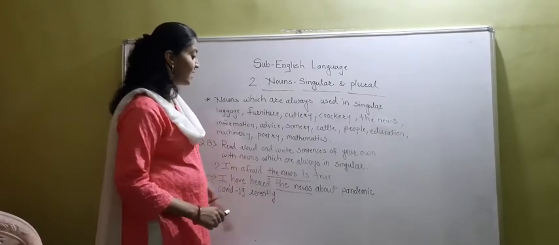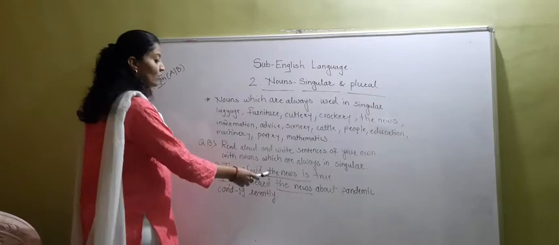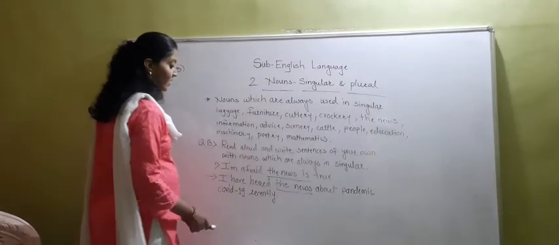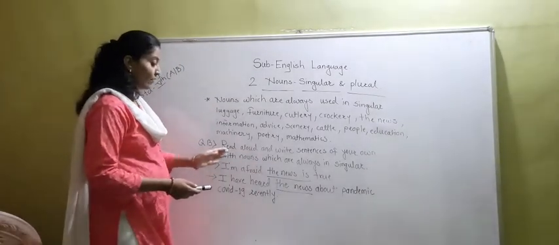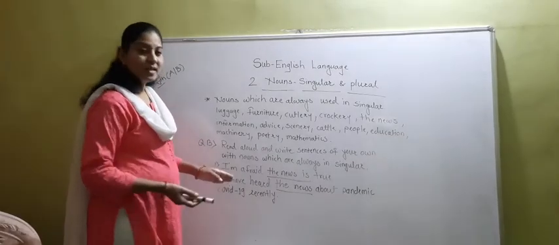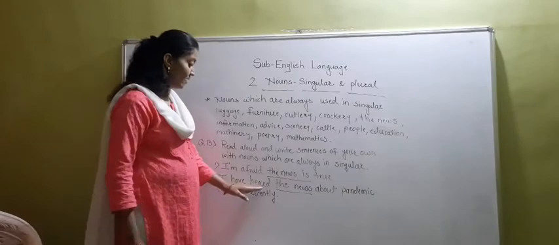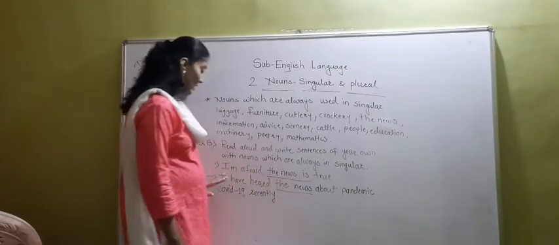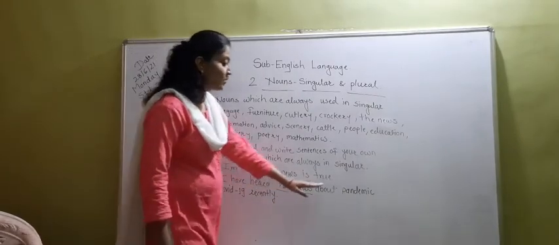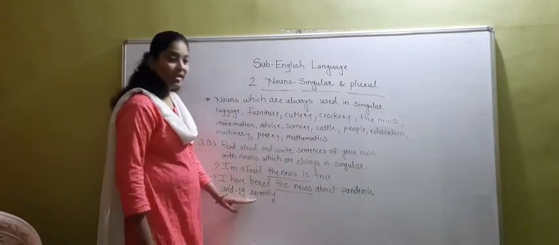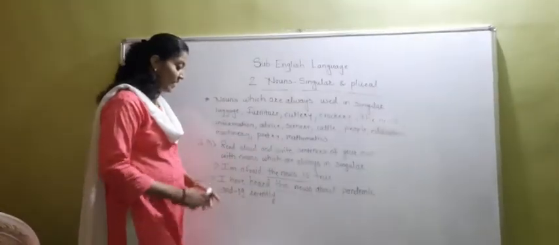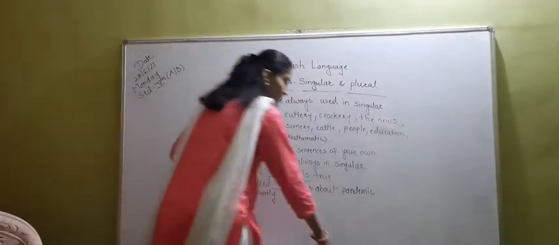The news is. Here it is used as is. Okay. So the same word you have to use in your own sentence and write them down in your textbook. I have heard the news about pandemic COVID-19 recently. Okay, like this. Now see the next sentence.